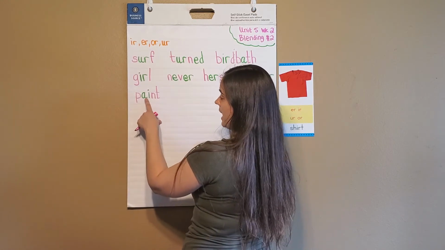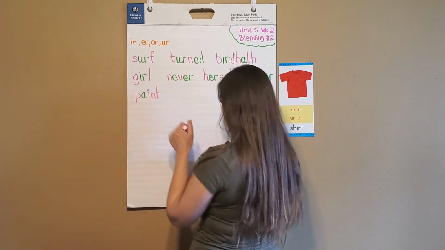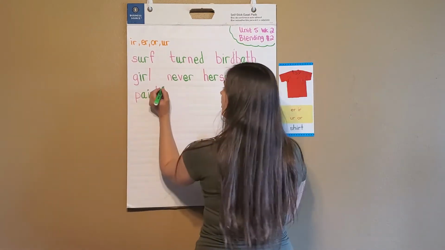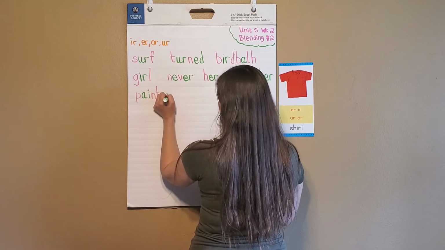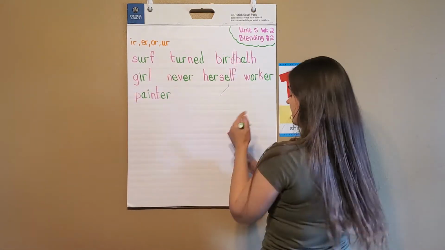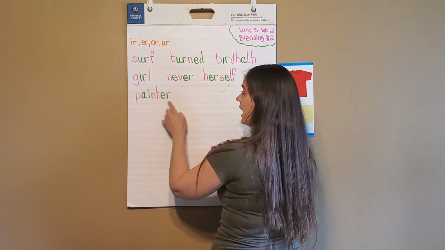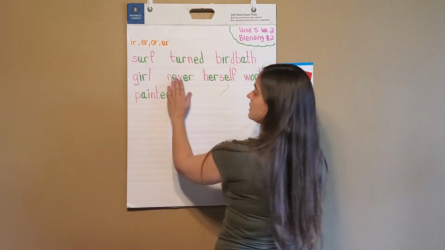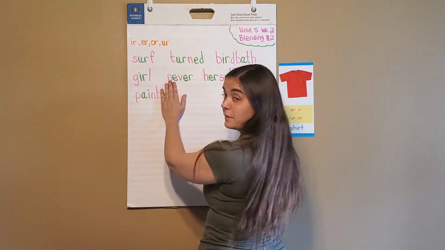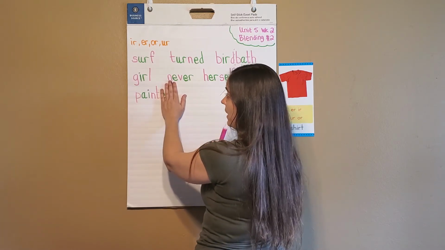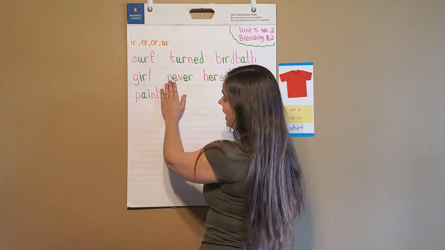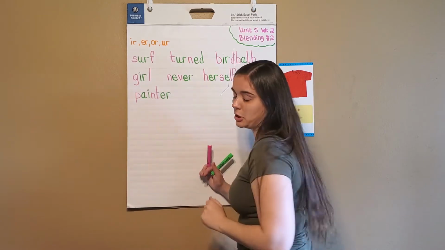So nt, paint. And then we're going to add ER at the end, that sound. Nt, painter, painter. And so paint is a thing, it is a verb, it is something you can do, you can paint. A person who paints is a painter.